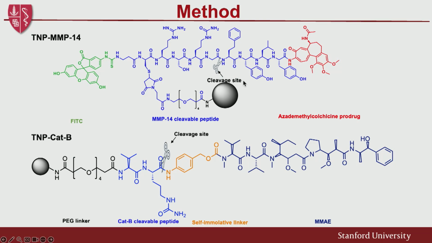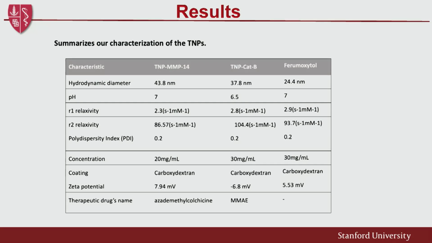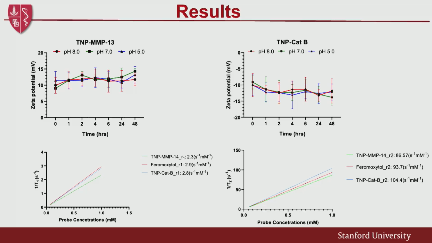As you see, we thoroughly characterize our drugs, and here is TMP-MMP14, and this one is TMP cathepsin B. We also measured the size of the TMPs, and we did some experiments for the stability of our drugs.